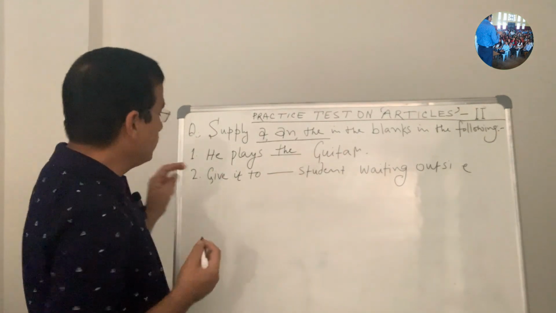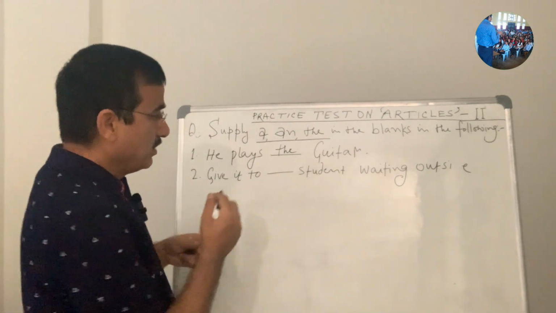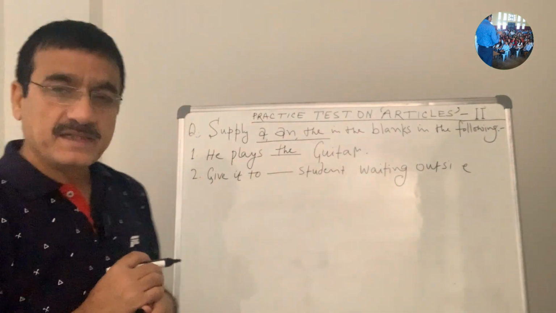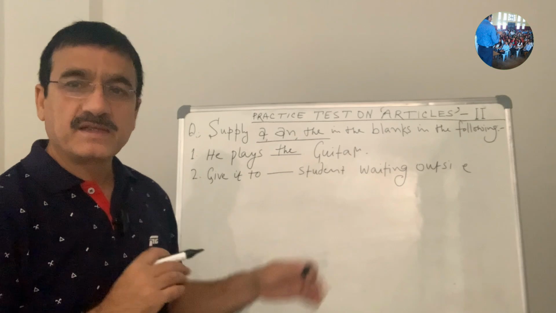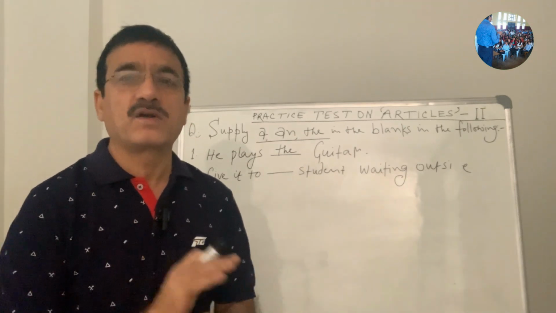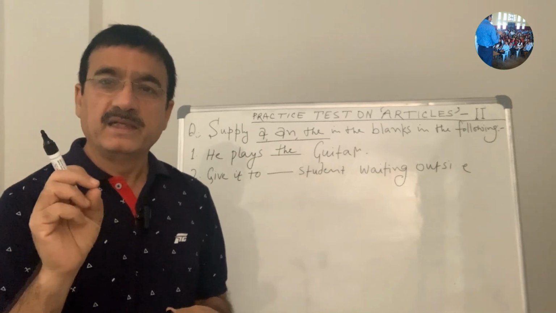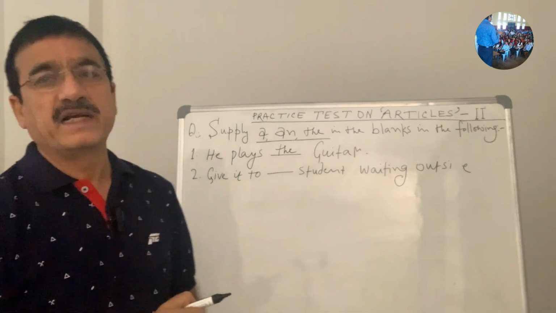Now look at sentence number 2. Give it to blank student waiting outside. This refers not to a general, not a student in common. Don't give it to any student. Give it only to the student waiting outside.